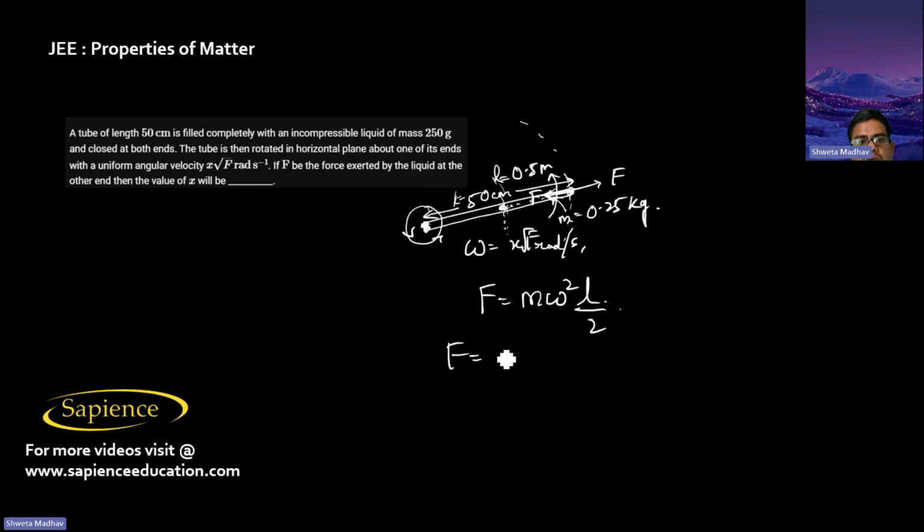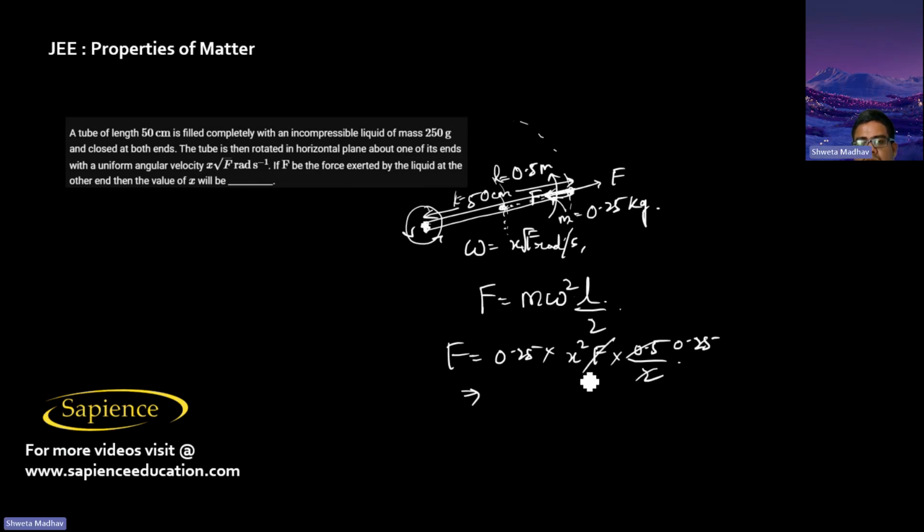So here that will be equal to m, that is 0.25, into omega square. Omega square will be x square f, into L by 2. L is 0.5, by 2, which is 0.25 only again.